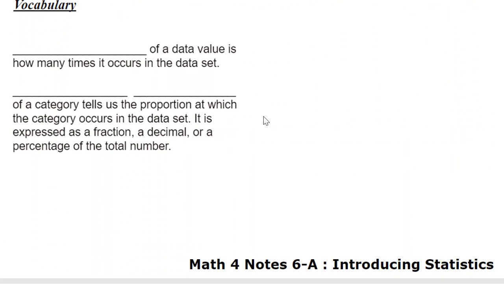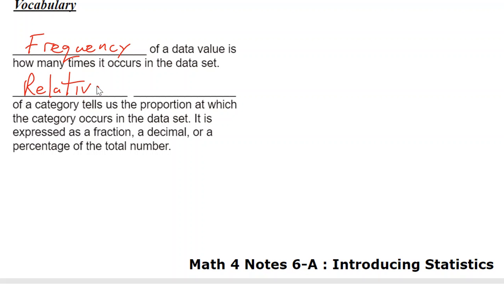All right, a couple more terms. The frequency is how often a data value lands in that data set. How many times it lands in the bin; frequency is how many people have brown eyes, or blue eyes.